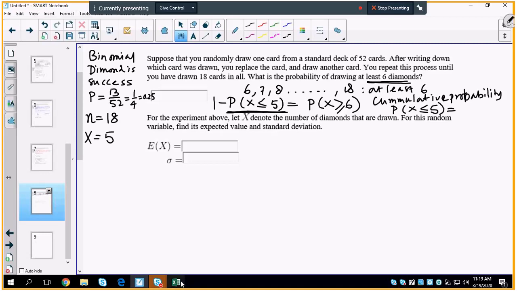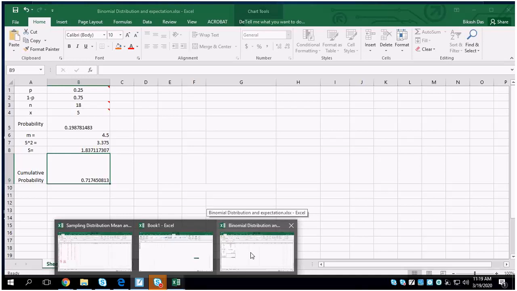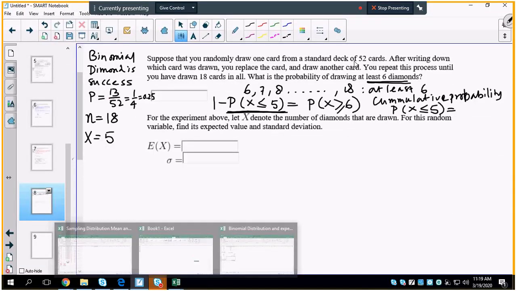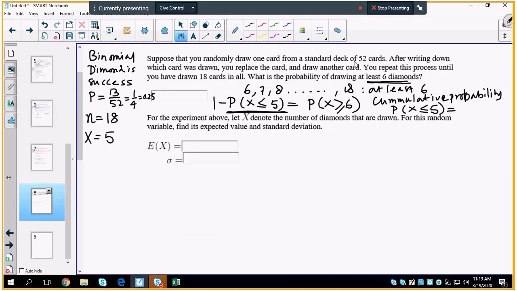And that number was 0.7175. And remember, this is not your answer, because now you're going to subtract this quantity from 1. So your answer is going to be 1 minus 0.7175. That is going to be 6 and up. So let's subtract this.